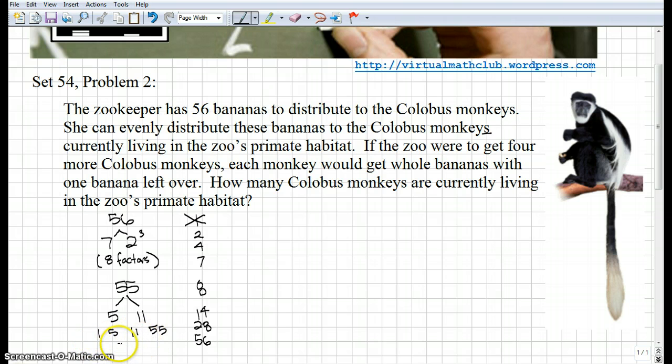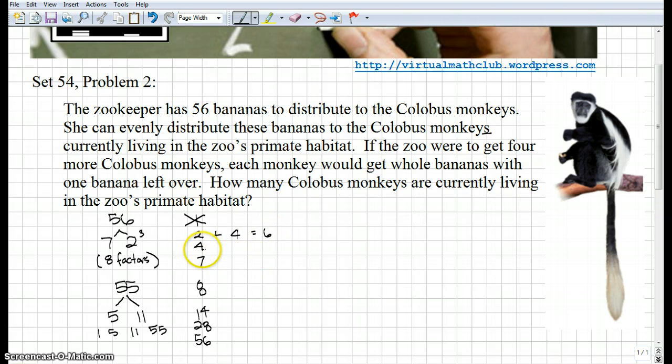So that means that the original number of monkeys plus 4 has to be one of these numbers. Okay, so let's look at the original number of monkeys plus 4. If I add 4 to 2, I get 6.